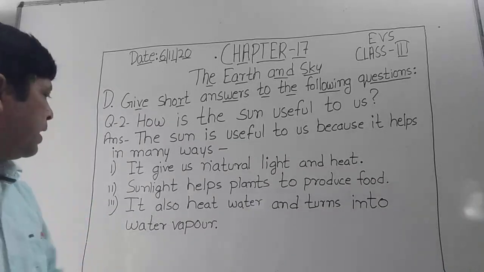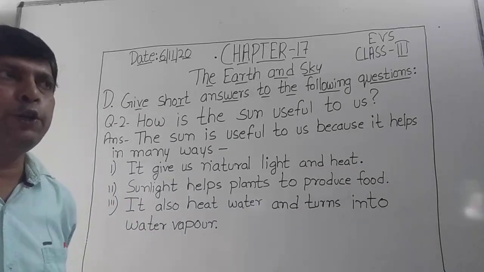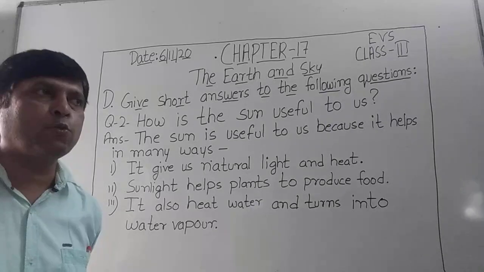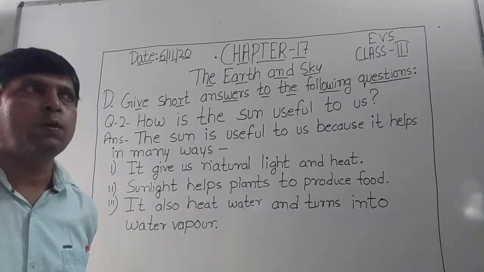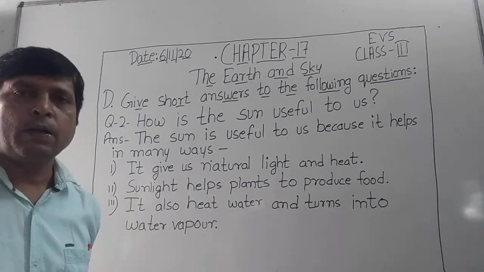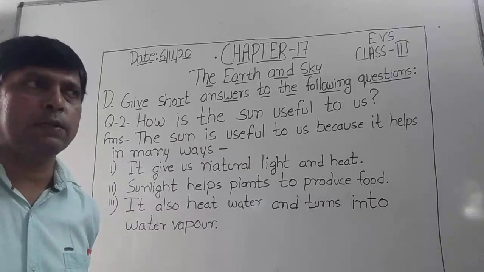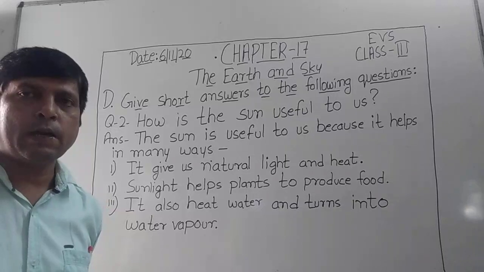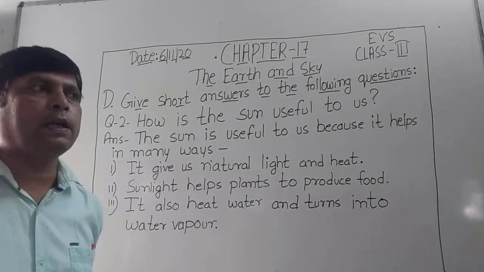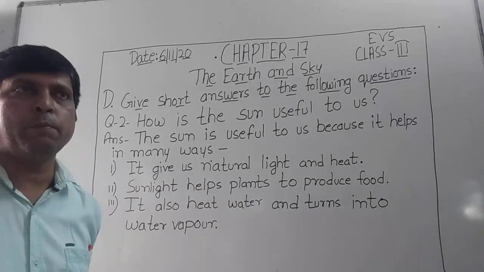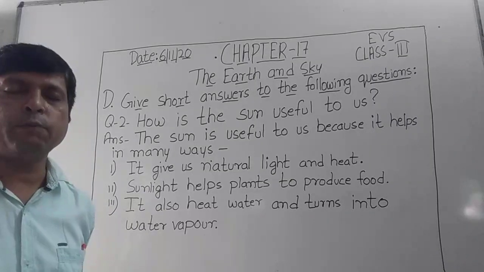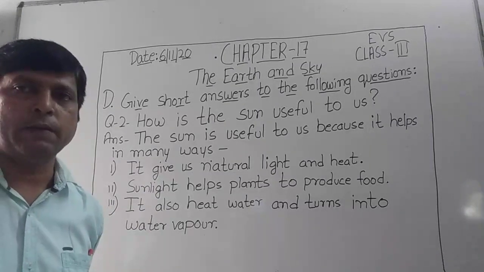The next thing is that I have already explained in chapter number 10 that water changes from one form to another. Is it clear? The water cycle, which I explained in chapter number 10, is a continuous cycle.